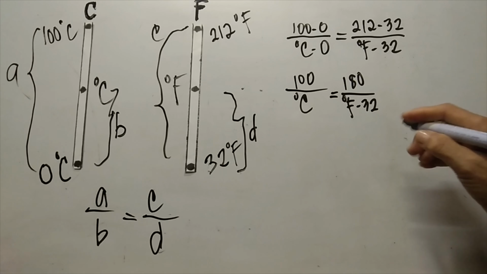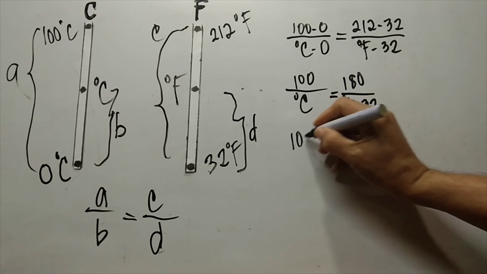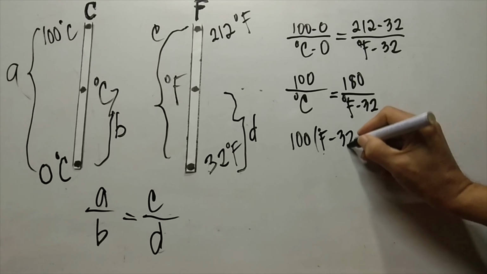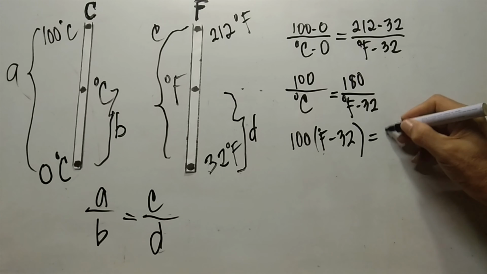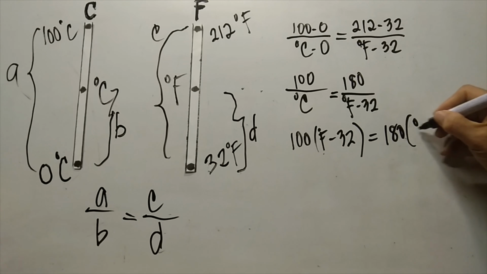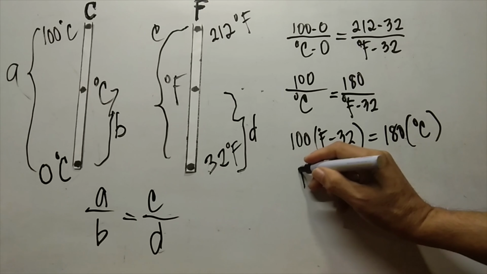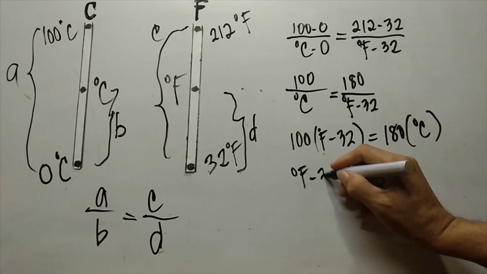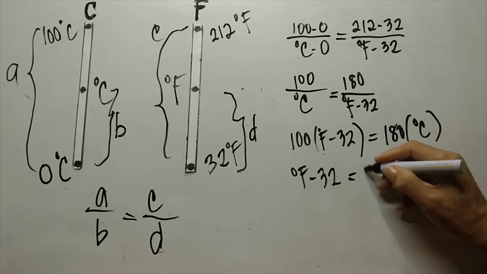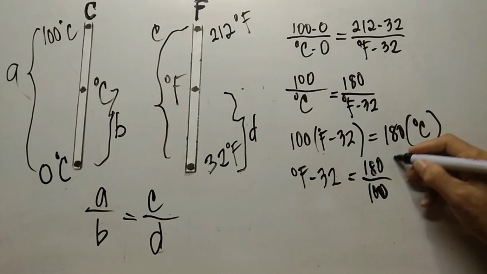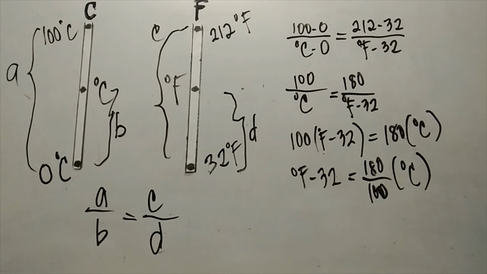By cross multiplication, this becomes 100 times degrees Fahrenheit minus 32 is equal to 180 times degrees Celsius. Transposing 100 to the other side of the equation symbol, this becomes degrees Fahrenheit minus 32 is equal to 180 over 100 times degrees Celsius.